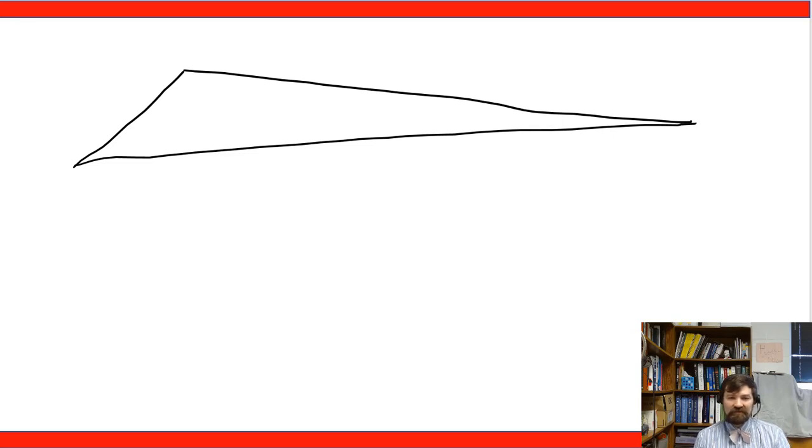Maybe you happen to know the value of this side and this side, and you would presumably know some interior angles somewhere. Like maybe you know what this angle right here is. Okay? And maybe you happen to know this angle right here. So we'll call those theta and phi. How do you resolve this?